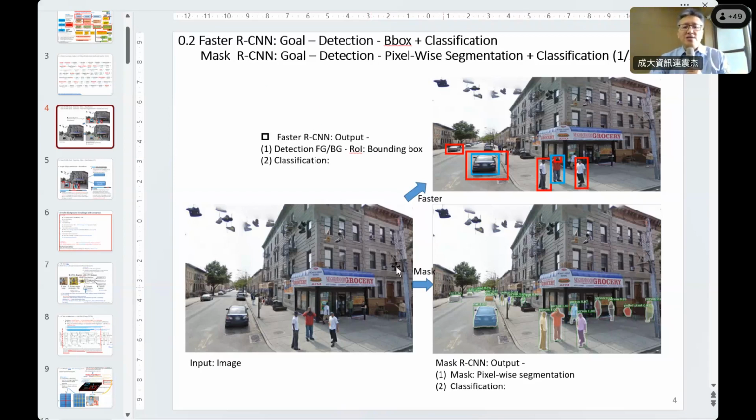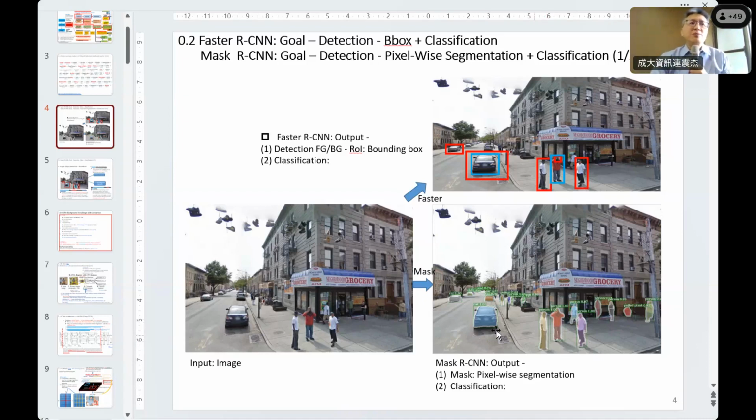And Mask RCNN is almost the same. The difference is they do not use the bounding box. For each pixel, they segment the boundary. So the shape is more accurate, the accuracy is higher, because they consider the boundary.